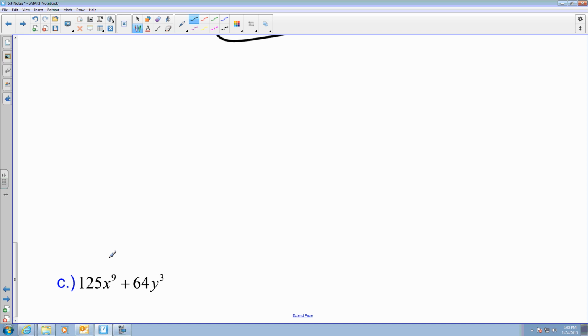Looking at C, I noticed that this looks a lot like the sum of two cubes, where if I generalize it as A, here that would equal 5x to the third, and my B would equal 4y.